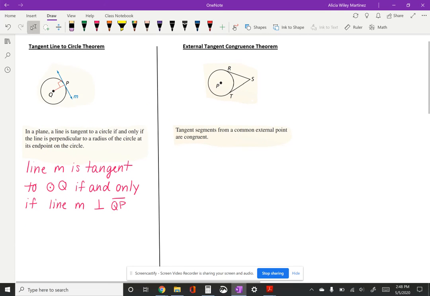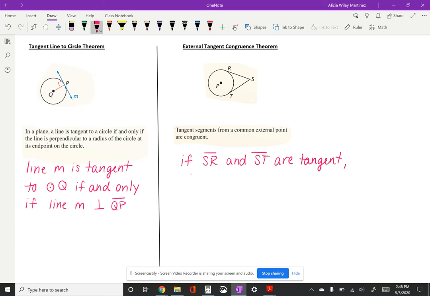The second theorem is what we call the external tangent congruence theorem. This states that tangent segments from a common external point are congruent. So they're basically saying that if you know SR and ST are tangent, okay, then we can say that they are congruent.